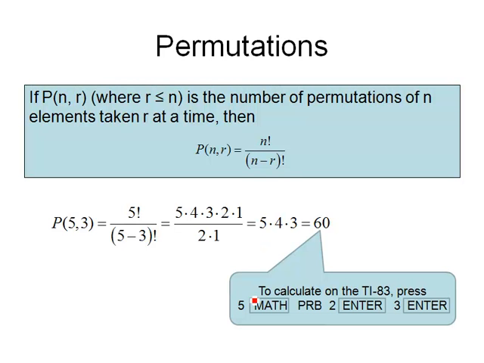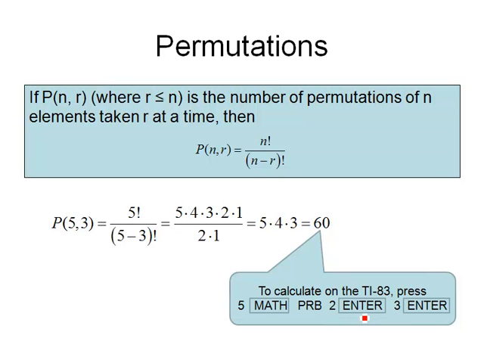Now, to calculate this on your TI-83 calculator, you would put in first 5, the number that you're choosing from. You'd press the Math menu, then go to PRB again, and your second choice on the graphing calculator, it says NPR. That's the number of things, permutations, taken r at a time.